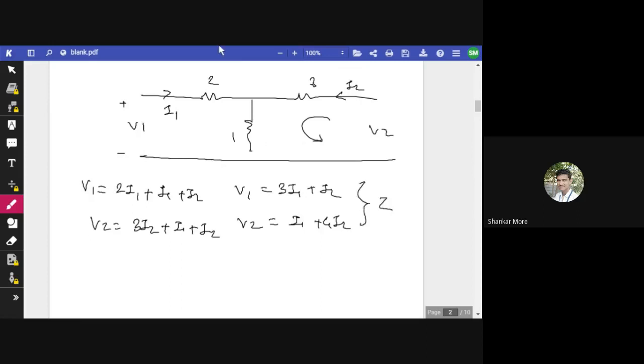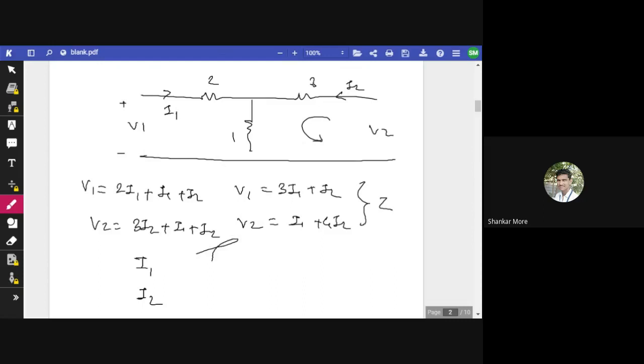We have calculated Z parameters for circuit 1. Now we have to convert this into Y parameters. How do we convert it? For Y parameters, we need equations in the form of I1 and I2. So try finding it.